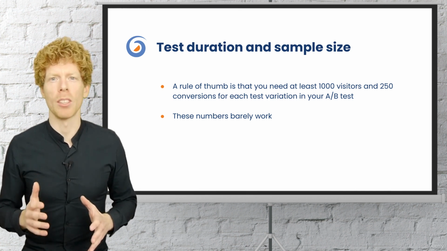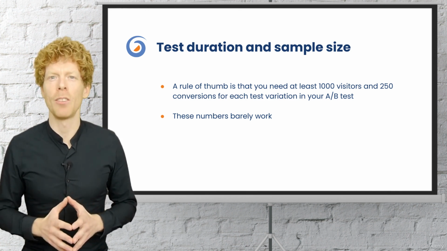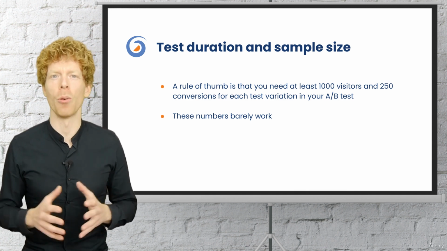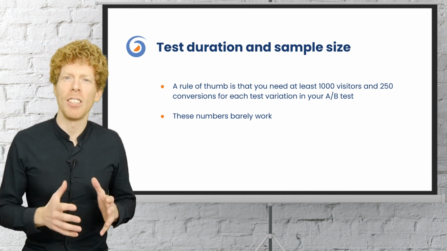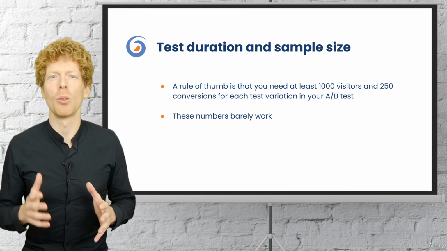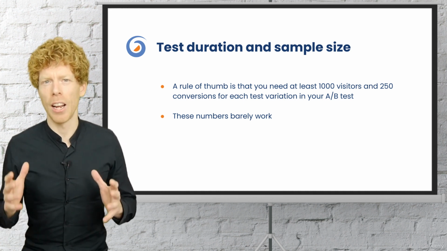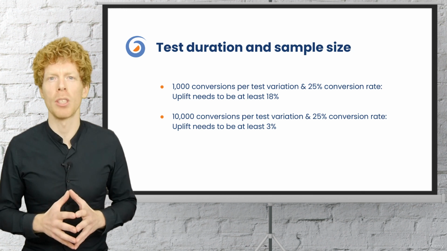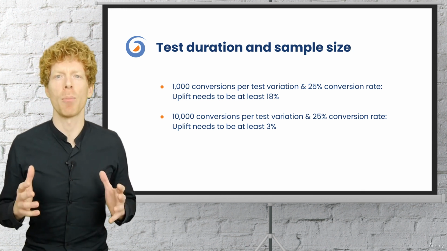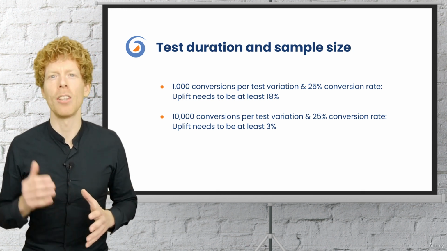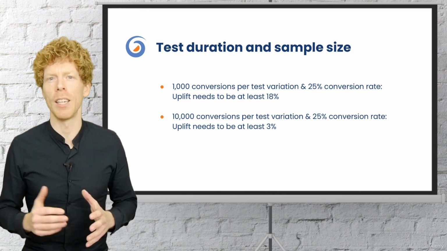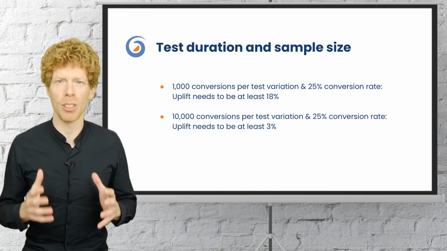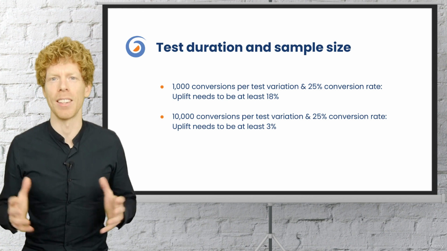To make these numbers statistically valid, you need to find a big uplift in your conversion rates. The change you make in the variation needs to result in a huge increase in your conversions. If you work with 1,000 conversions per test variation with a 25% conversion rate, you need to find an uplift in your conversion rates of at least 18% to make it statistically valid.